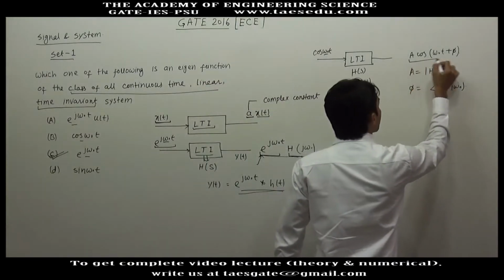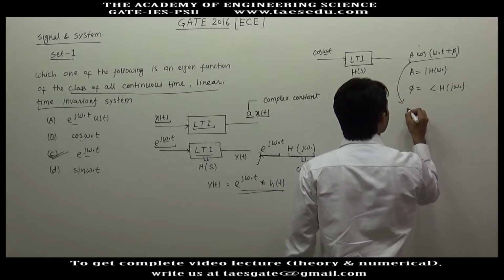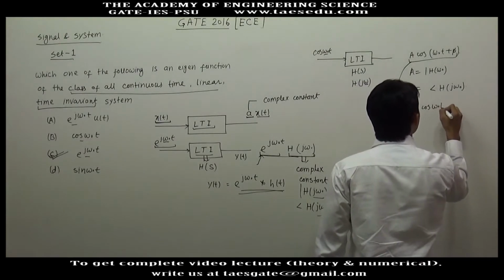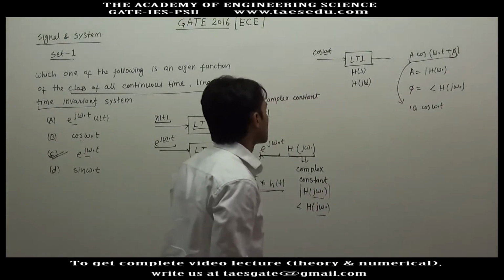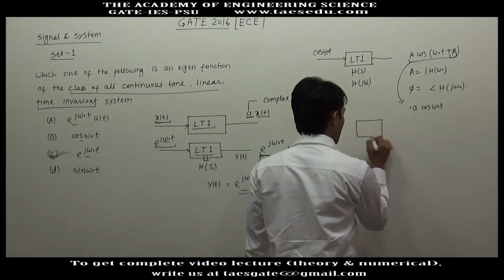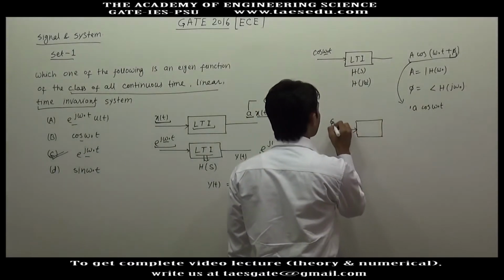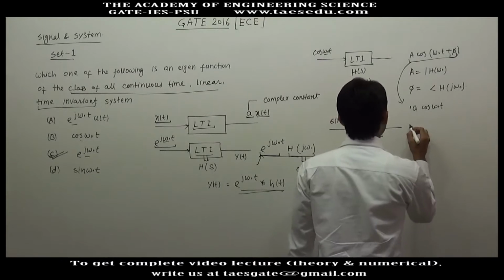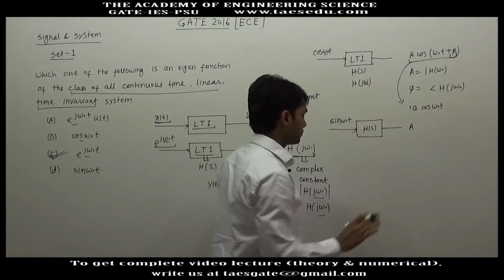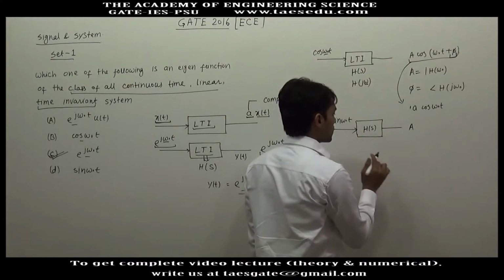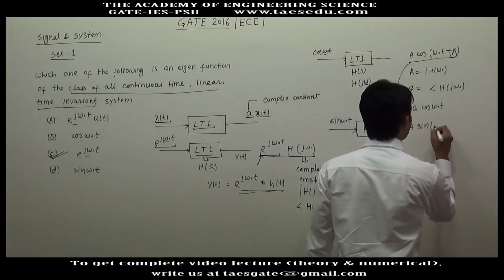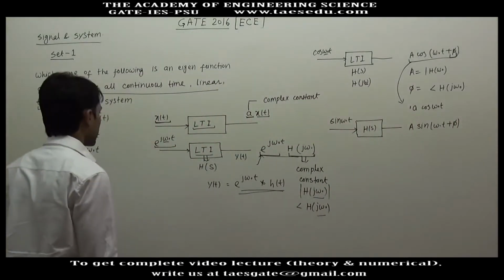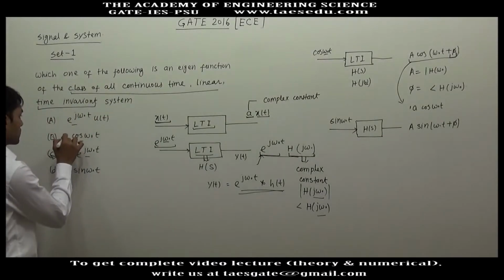In general this output cannot be represented as some constant times cos omega naught t, since it has some phase difference. Similarly, the same argument can be made if the input is sin omega naught t: the output will be a sin(omega naught t plus phi). So this is not the correct option, and this is also not correct.